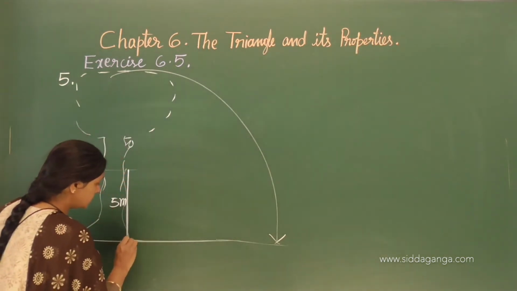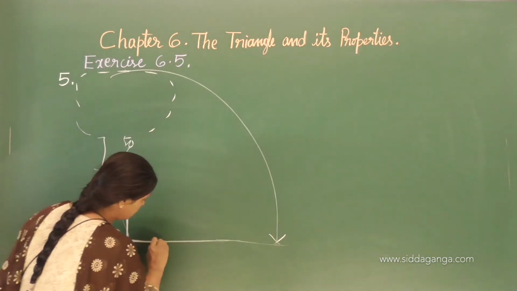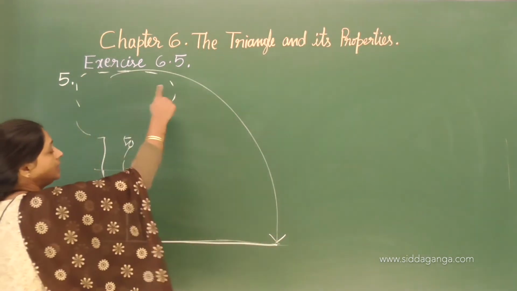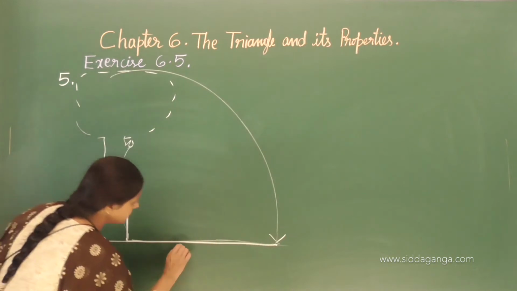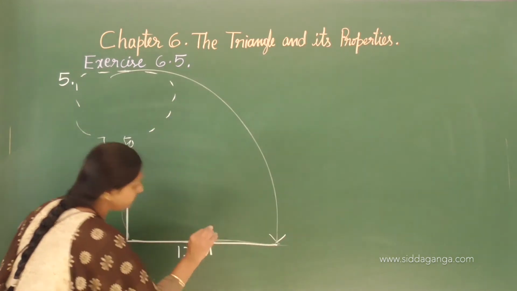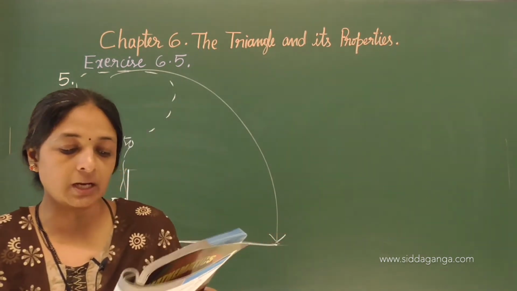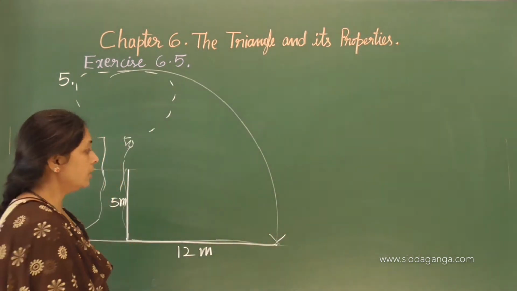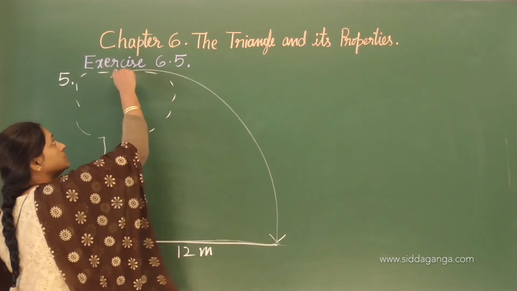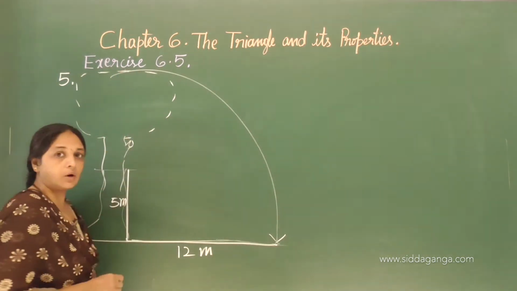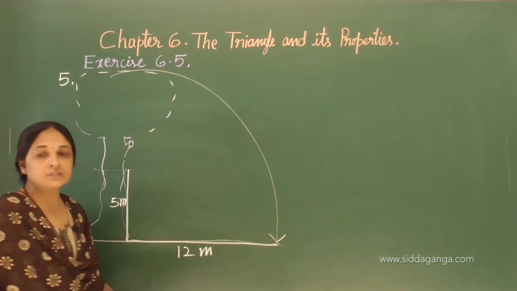Let's consider that the length from the base to where the top of the tree touches is 12 meters. And we are asked to find the original height of the tree. So how can we find the original height of this tree?